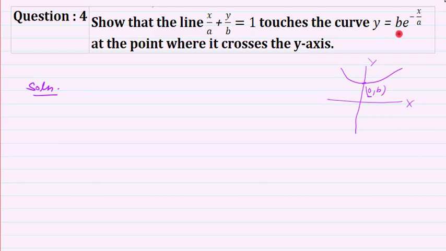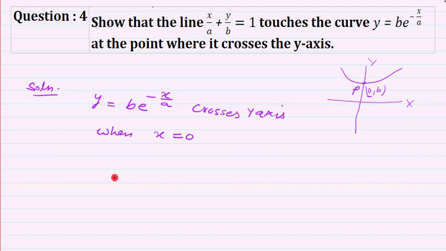So let us calculate the point where it crosses the y-axis by putting x is equal to 0 in the curve. First of all, let us calculate the coordinates of this point P, which is 0 for the x coordinate, and let us calculate the y coordinate over here. Taking y is equal to b e power minus x upon a, it crosses the y-axis when clearly x is equal to 0.